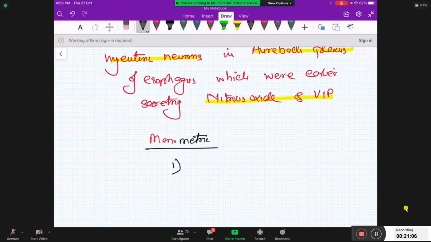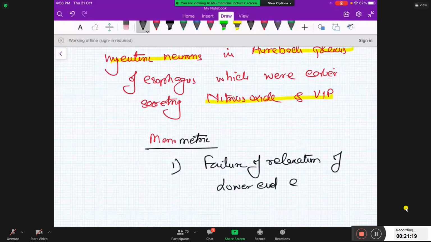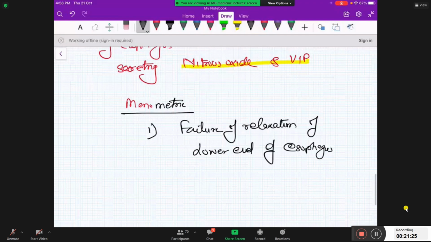One, there is failure of relaxation of the lower end of the esophagus. So the lower end of the esophagus fails to relax in this condition.